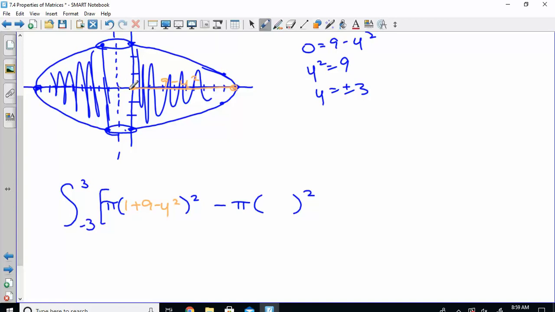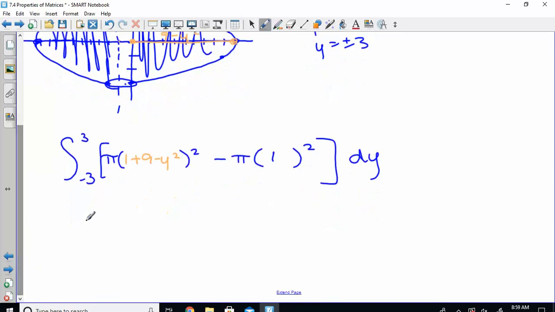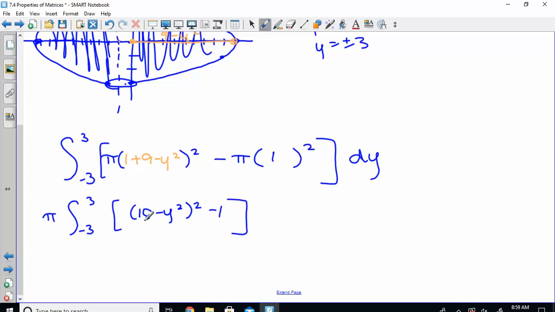So if you're here, what's your radius to get to your axis? Just 1 all the time because it's a vertical line. Okay, so we could pull out the pi. That would leave us with a 10 minus y squared squared minus 1.